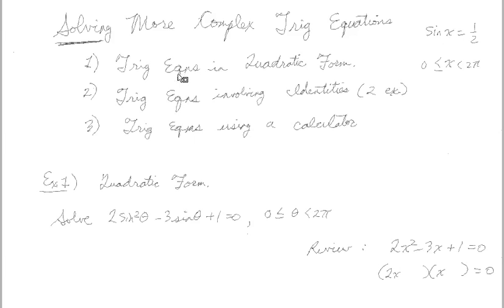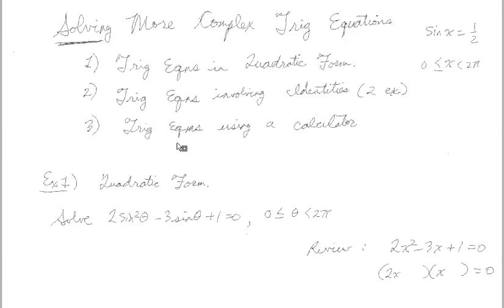There are basically three types. The first type is trig equations that are quadratic in form, that look like this. Then we have trig equations that require identities, that will require me to switch certain expressions for more simple expressions, and we'll do two of those examples.